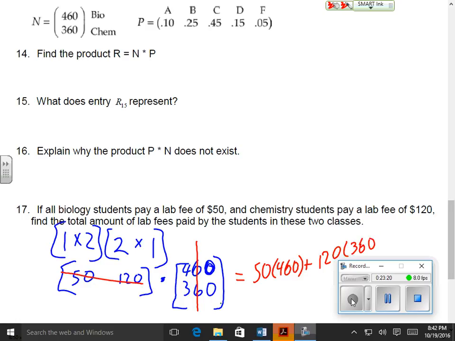It's $120 times 360 chemistry students, because that's how much each one is going to pay, $120 each. And 50 times 460 is how much the biology students are going to pay. And so the total would be 50 times 460 plus 120 times 360. It's going to be 66,200.